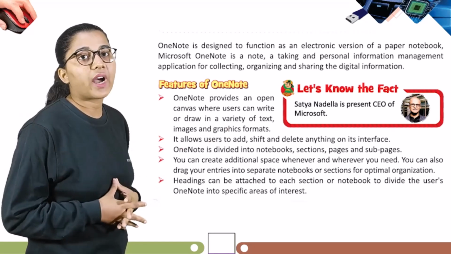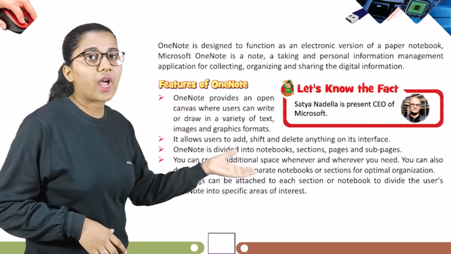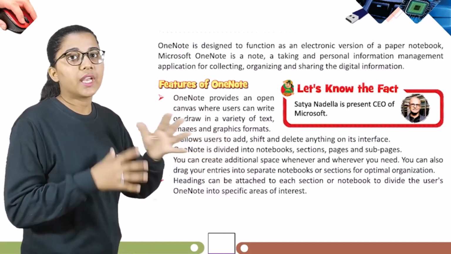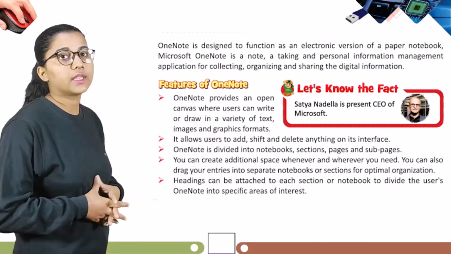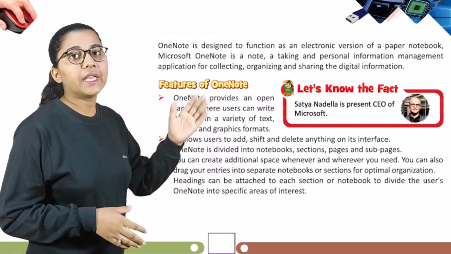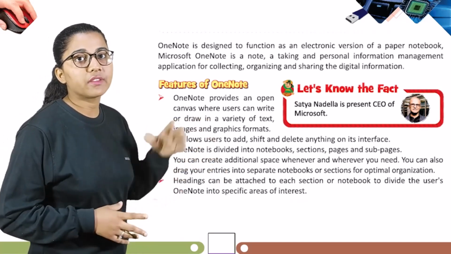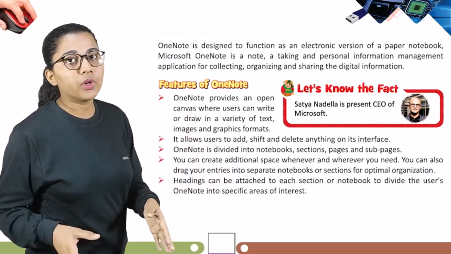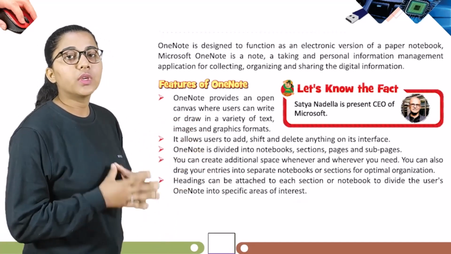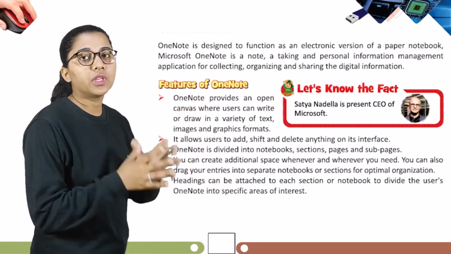OneNote provides an open canvas where users can write or draw in a variety of text, image, and graphics formats. It allows the user to add, shift, and delete anything on its interface. OneNote is divided into notebooks, sections, pages, and subpages. You can create additional space whenever and wherever you need.